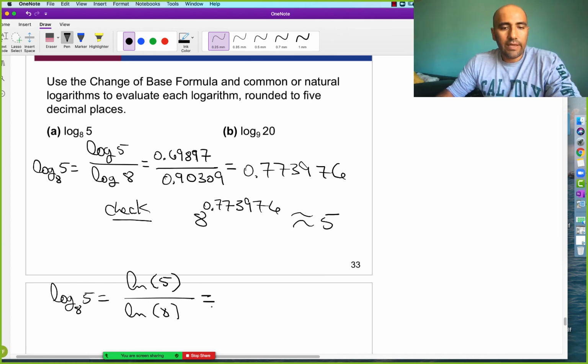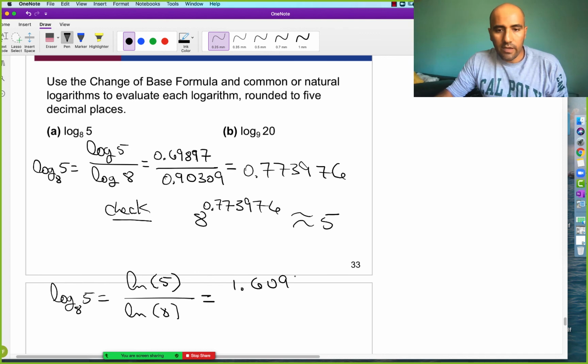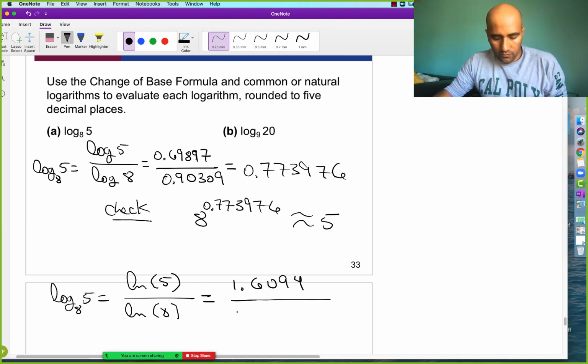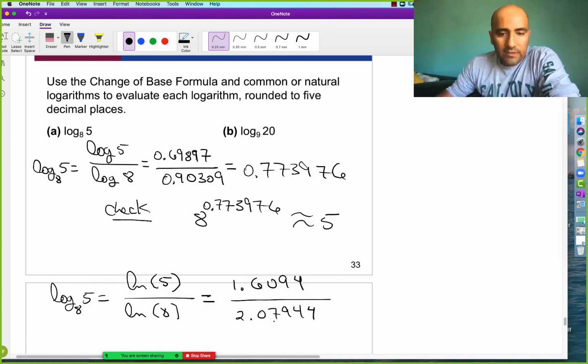We can change it to any log we want, and ln of 5 equals 1.6094 divided by ln of 8 equals 2.07944. Remember, this is the decimal such that e raised to this decimal equals 8, and e raised to this decimal equals 5.